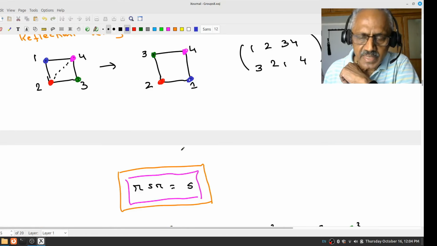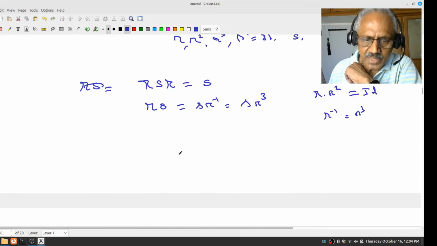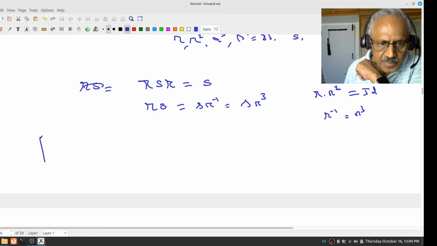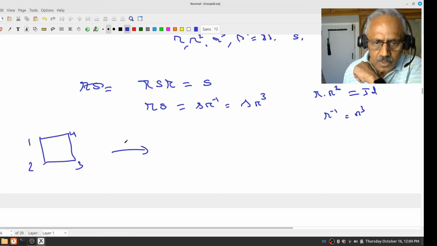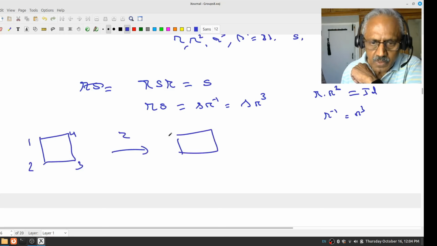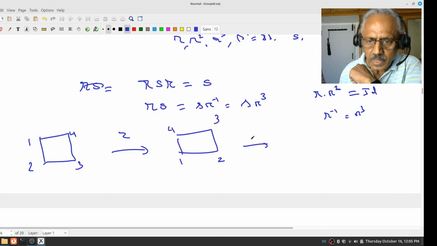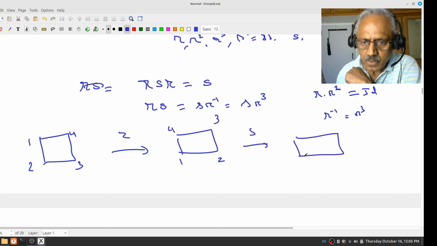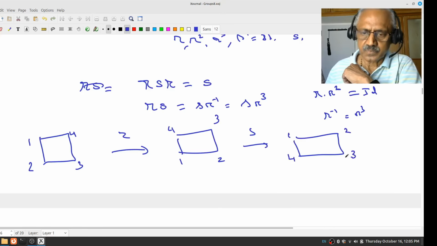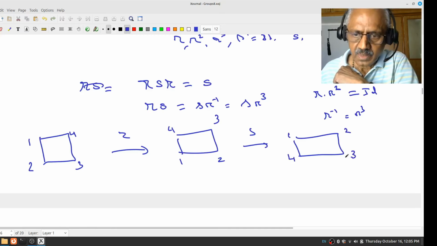Now let us look at what is RS. Let me quickly do 1, 2, 3, 4. Under R it goes to 1, 2, 3, 4. Under S, S is reflection along the x-axis, therefore 1, 4, 2 and 3.